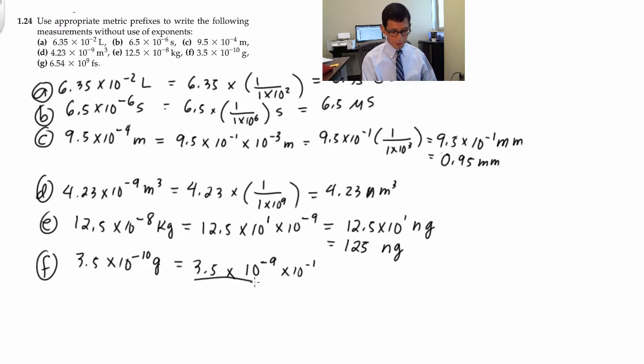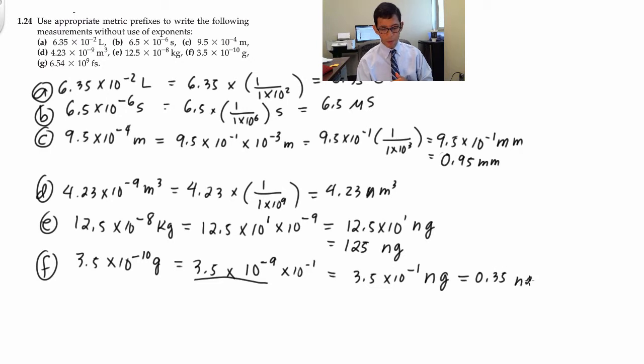Yep. So that there, 3.5 times 10 to the negative 9 is nano. So this is 3.5 times 10 to the negative 1 nanograms. What is times 10 to the negative 1? It's divided by 10. So 3.5 divided by 10 is 0.35. So this is 0.35 nanograms.